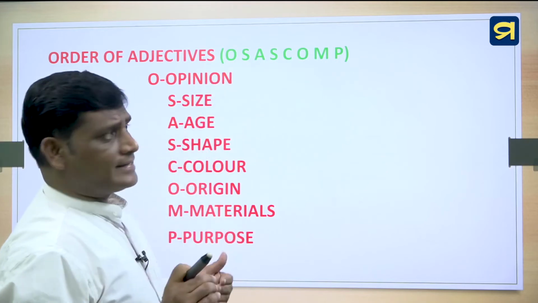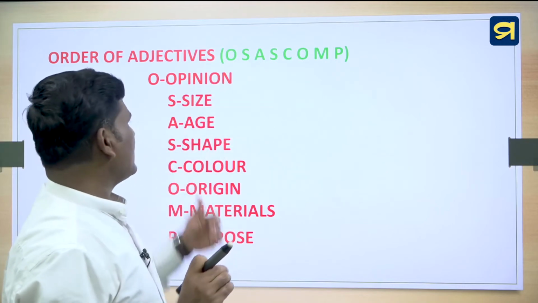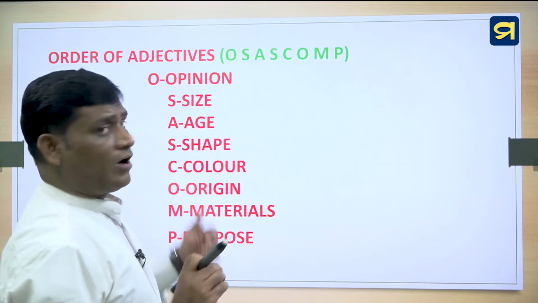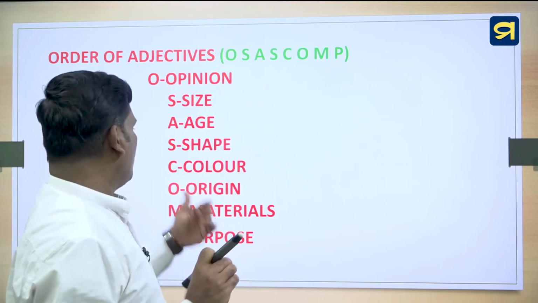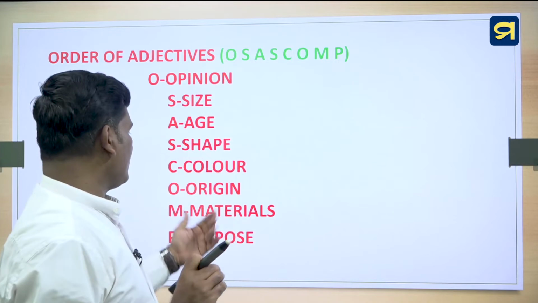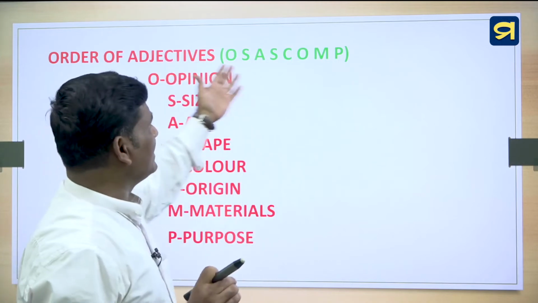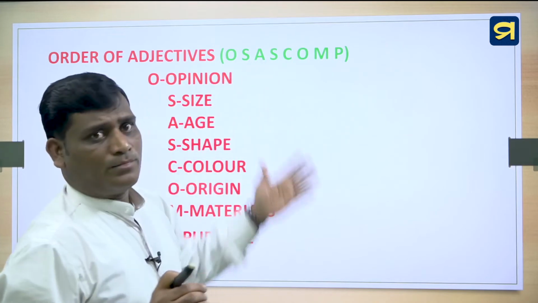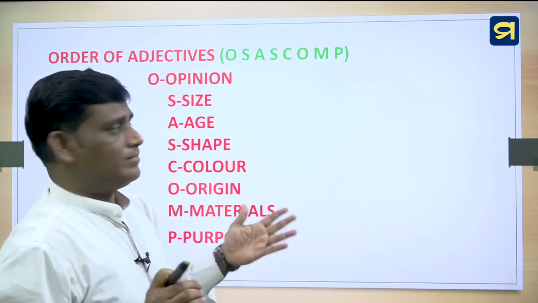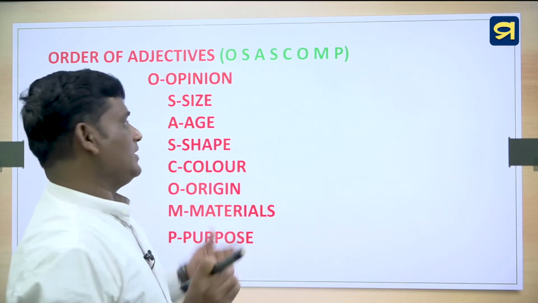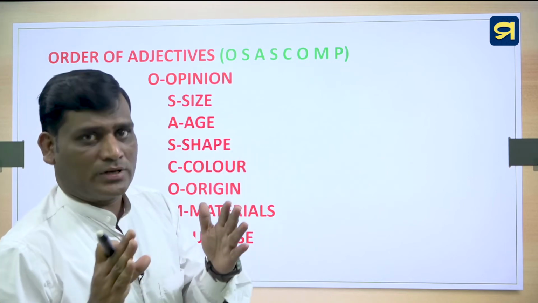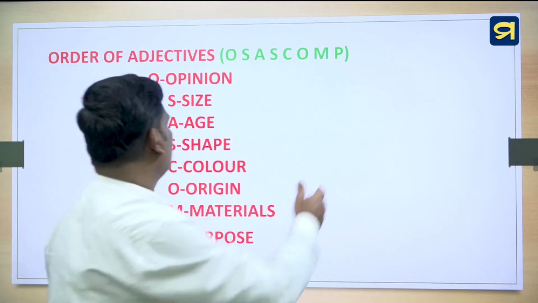A for age, S for shape, C for color, O for origin, M for material, and P for purpose. We can easily remember OSASCOMP. Then we can remember the categories and make the sequence. Okay. Next.